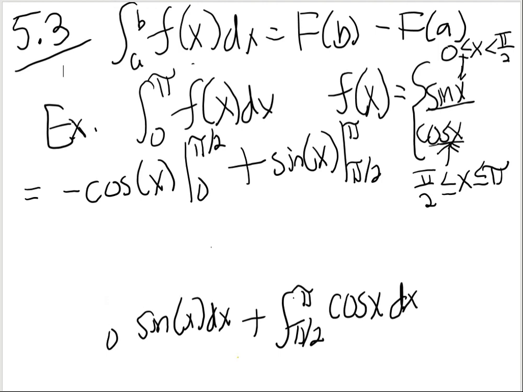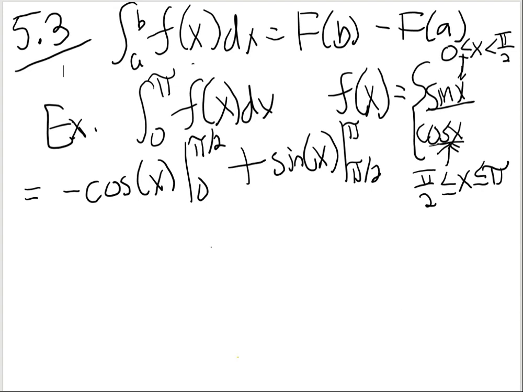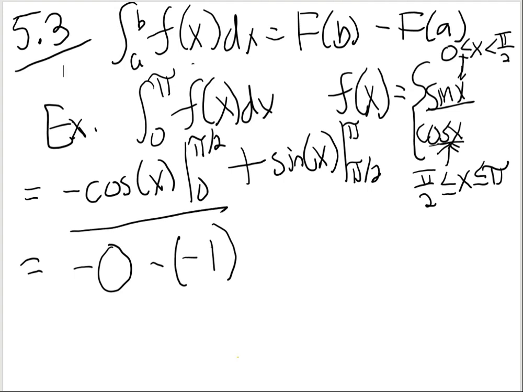And you could do this calculation. What will you get? Well, negative cosine of pi over 2 is 0, minus negative cosine of 0, which is 1. So that was from this first term.